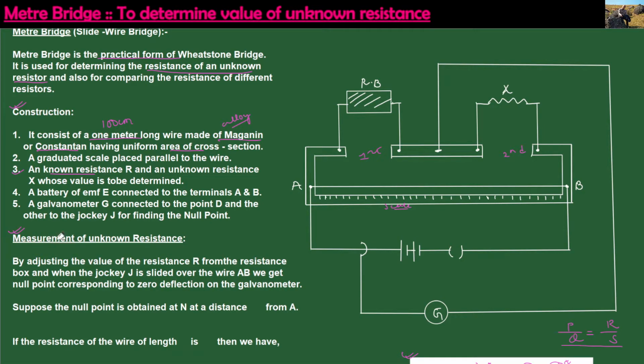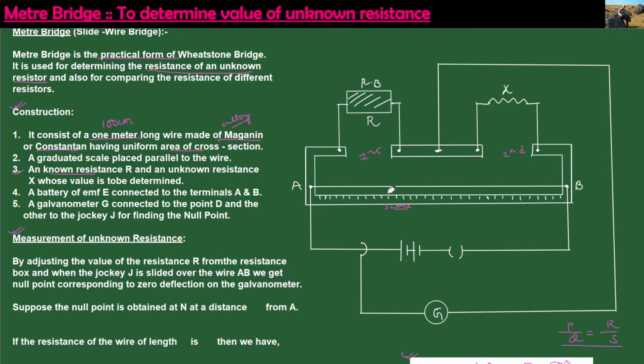In your exams you will be asked to derive an expression for measurement of an unknown resistance by using a meter bridge. Along the first gap we have the resistance box, and let its resistance be capital R. Along the second gap we have the unknown resistance wire, and let its resistance be X. Along the two ends of the meter bridge we have the wire of 1 meter long.